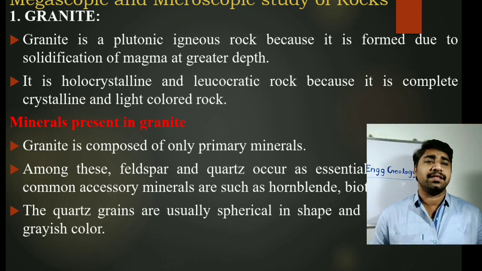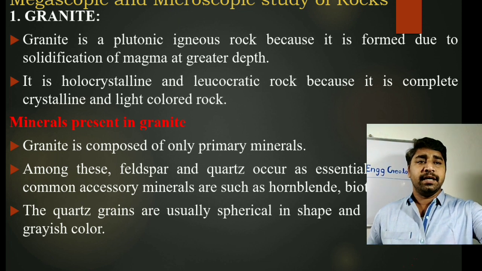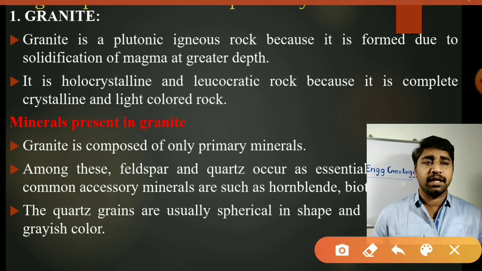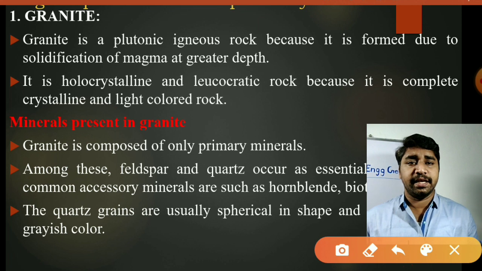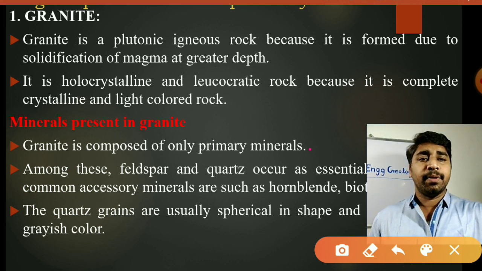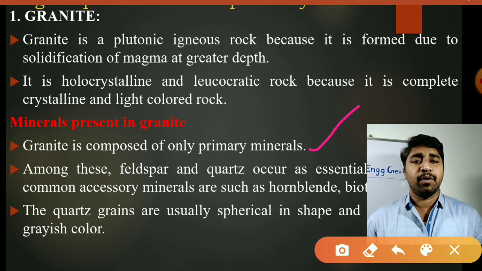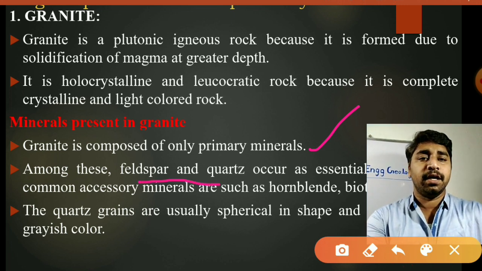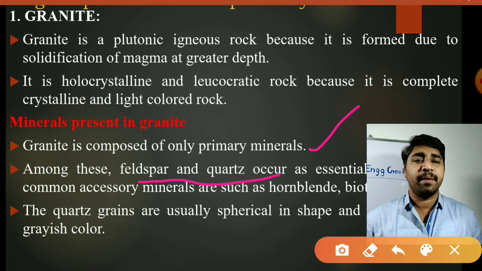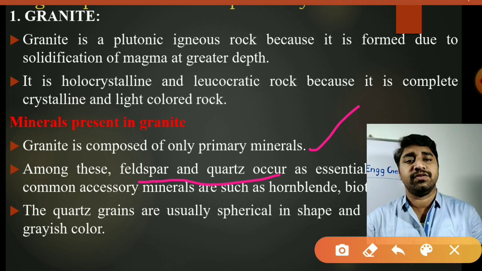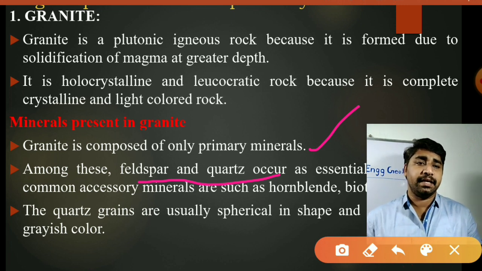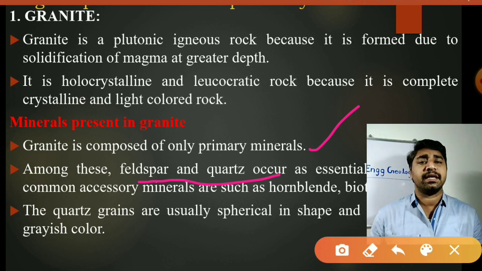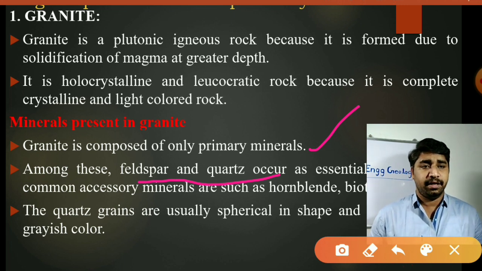Next, coming to the minerals, what are the minerals present in this granite? Granite is composed mainly of primary minerals, feldspar and quartz. Feldspar and quartz are the primary or essential minerals available in granite. So what are essential minerals and what are accessory minerals?